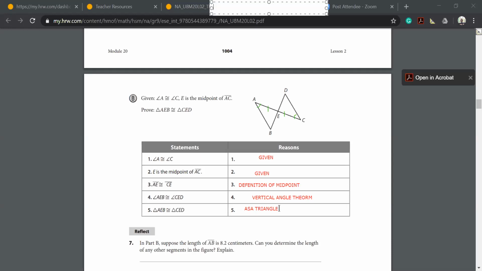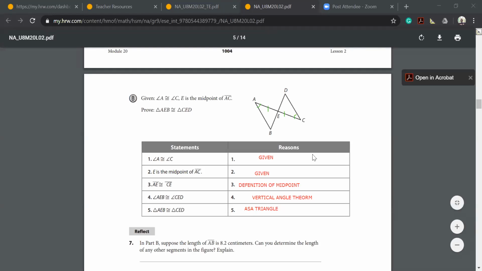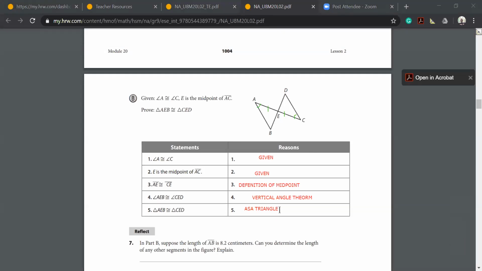I think it is the ASA triangle congruency theorem. Yes, ASA triangle congruency theorem.